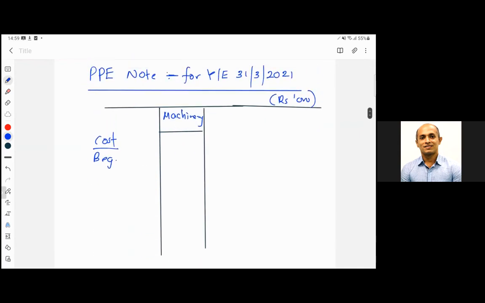So machinery cost at the beginning is 10,000, so 10 million in thousands is 10,000. No additions, no disposals. Then cost at the end is 10,000.